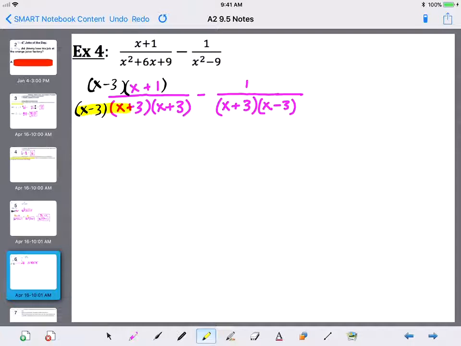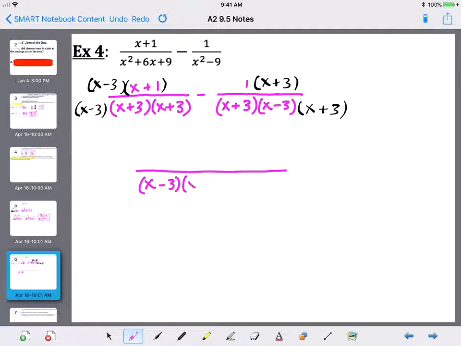So if we look here, now I notice that this denominator only has one x plus 3 factor. So that means I'm going to have to multiply the top and bottom of this rational expression by x plus 3. Okay, so if we do that, we've got a pretty long common denominator here, but it is x minus 3 times x plus 3 times x plus 3.